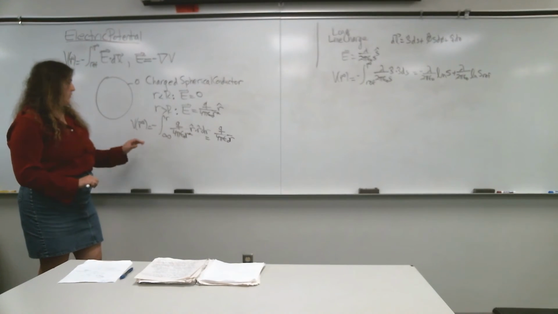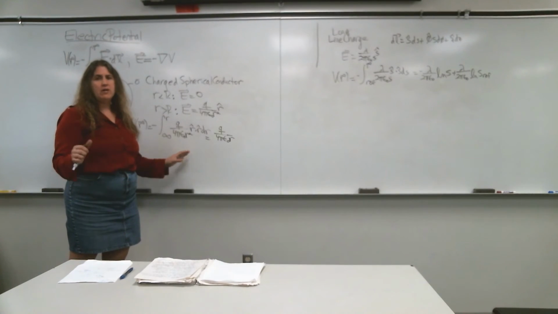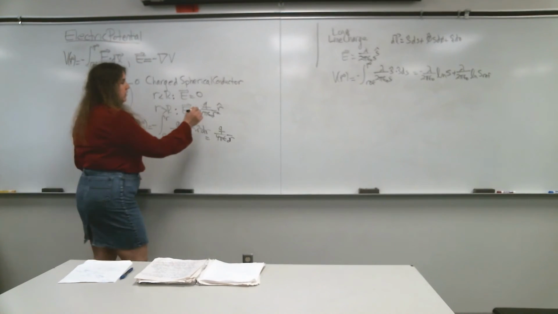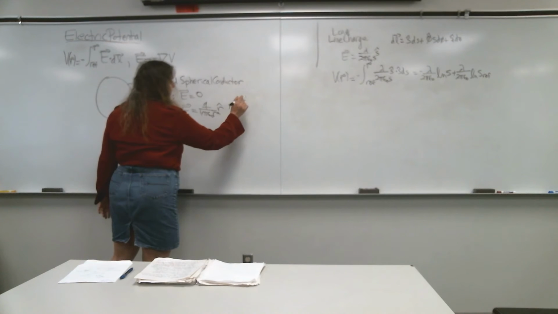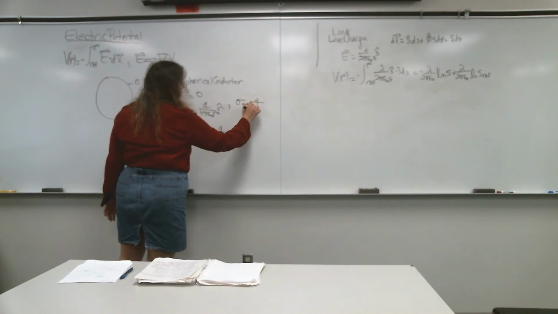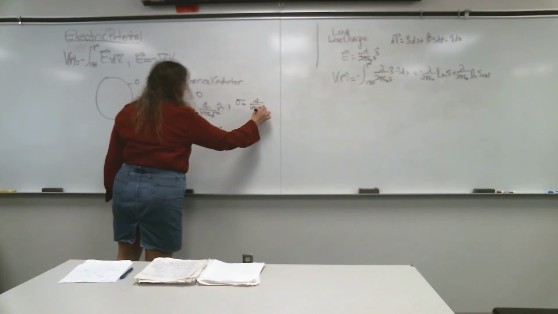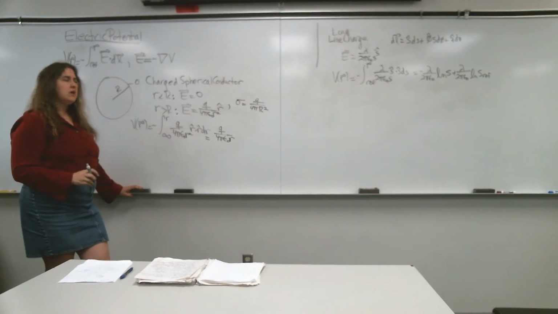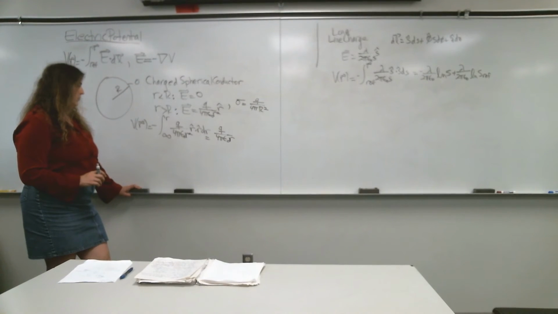And this potential actually looks like all the charge were concentrated at the center of the sphere. And just as a reminder, sigma and Q are related to each other. Sigma equals Q over 4 pi R squared, where capital R is the radius of the sphere.